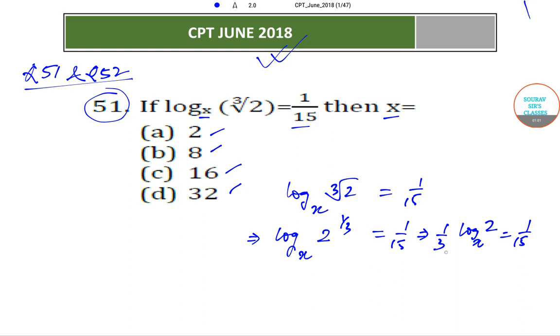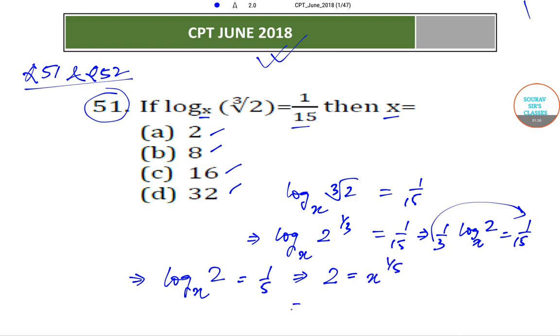Now if this 3 goes over to this side, then 3 by 15 will be 1 by 5. So we ultimately get that log of 2 to the base x is equal to 1 by 5, and that implies that 2 is equal to x to the power 1 by 5.